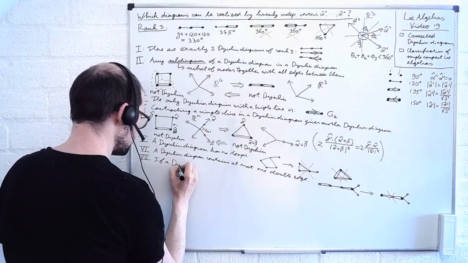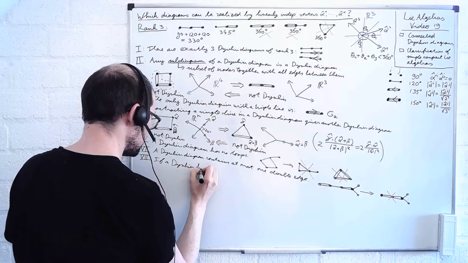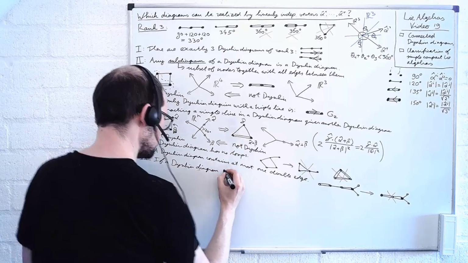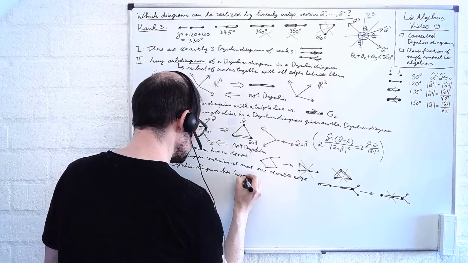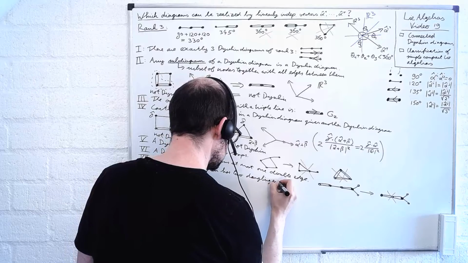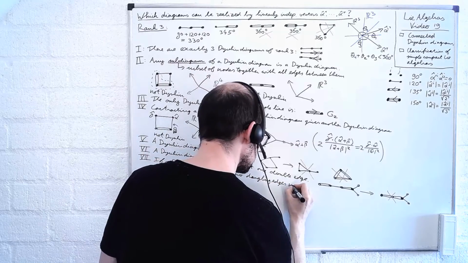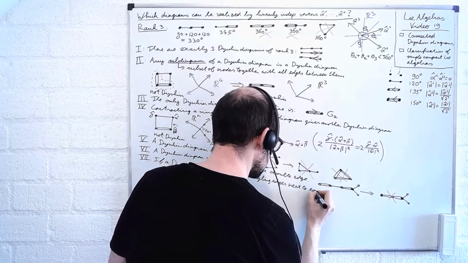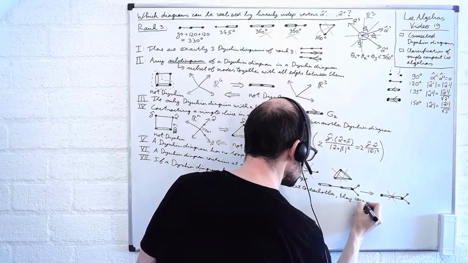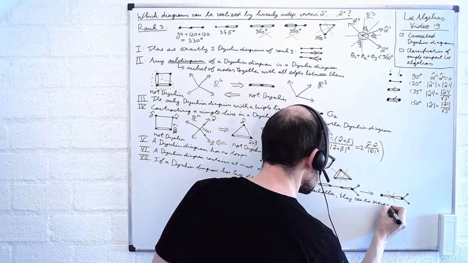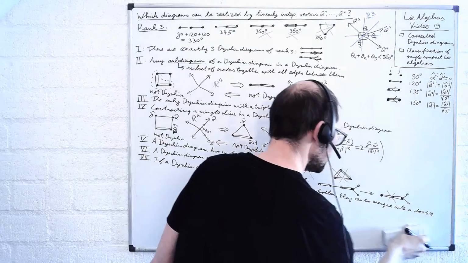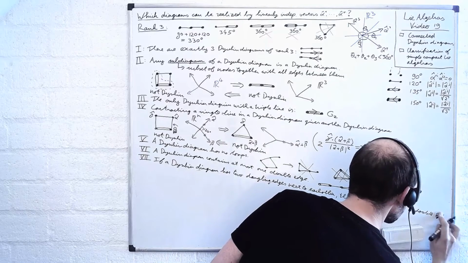If a Dynkin diagram has two dangling edges next to each other, then they can be merged into a double edge or a double line.